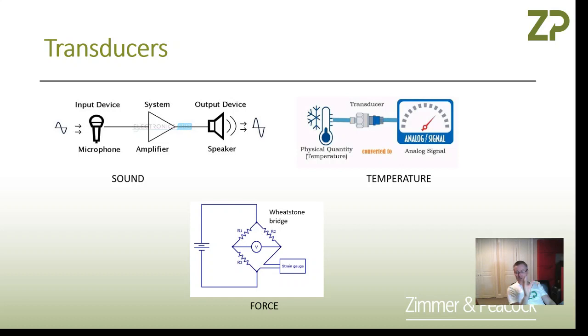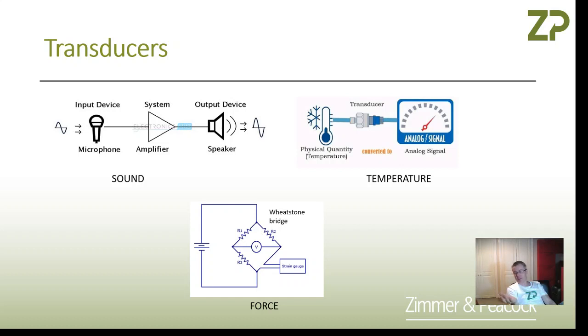So that's a transducer. You could easily say a microphone is almost like a sensor. It senses the pressure wave and converts it to energy. That's why it's so easy to use both words. You could call it a transducer, you could call it a sensor, but a microphone linked to a speaker is really a transducer.